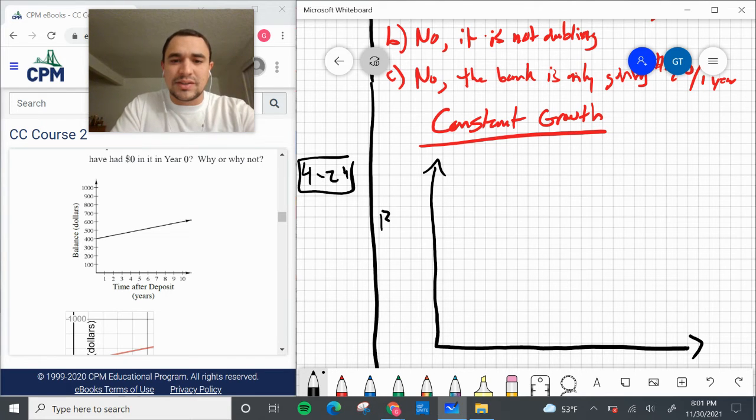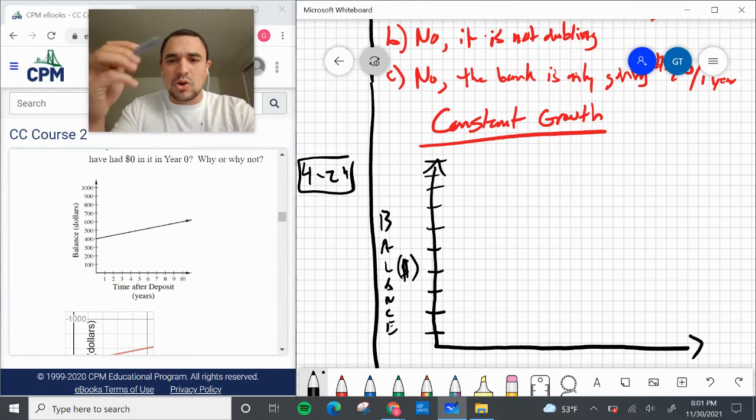Very important to understand that this is the balance, and money. And it's going to go by 1, 2, 3. You know, I could skip a line, so I'm going to go ahead and do that right now. 1, 2, 3, 4, 5, 6, 7, 8, 9, 10. So I'm going to go up and up and up.